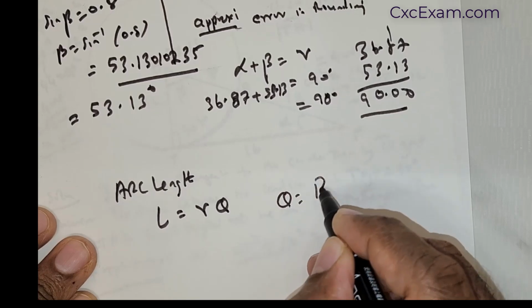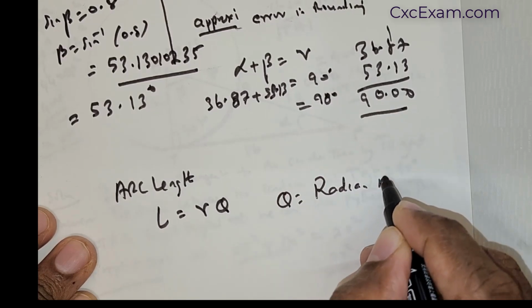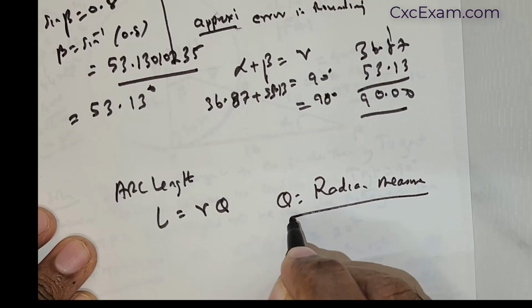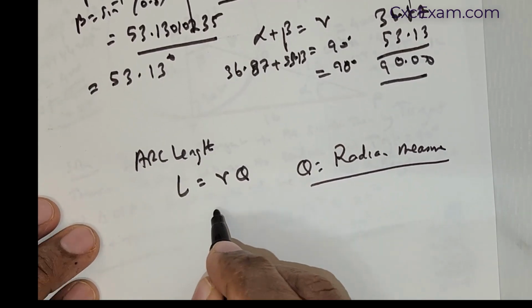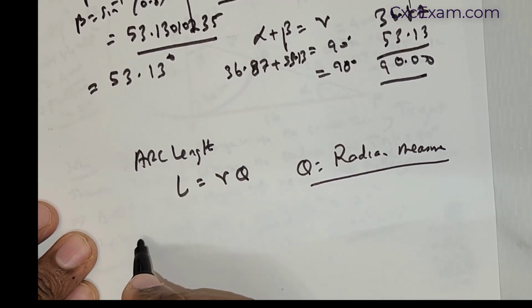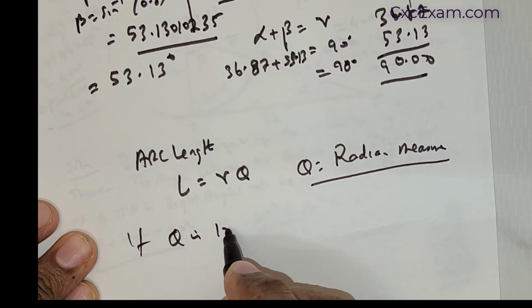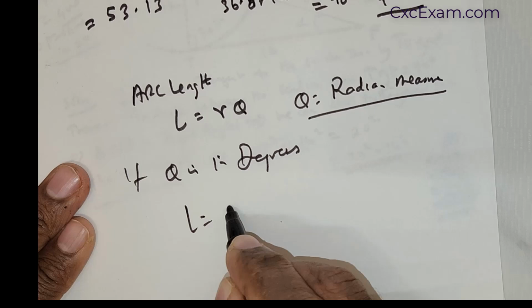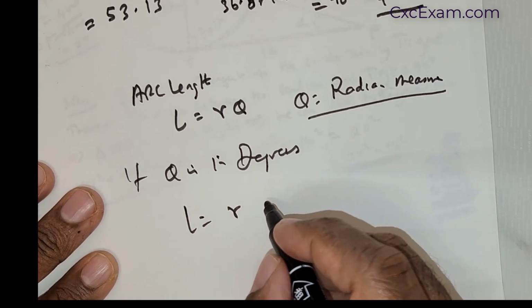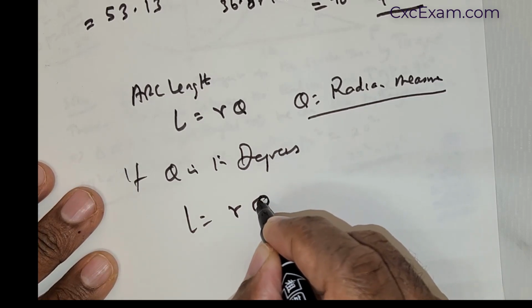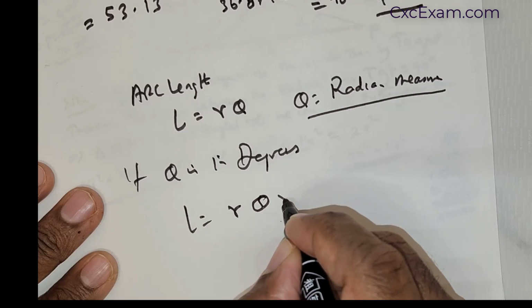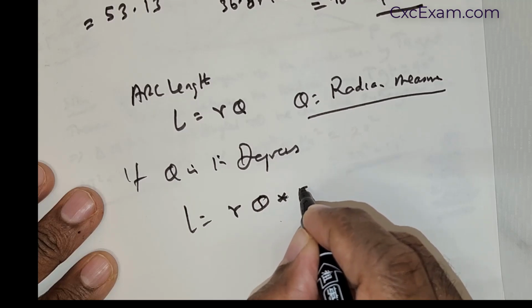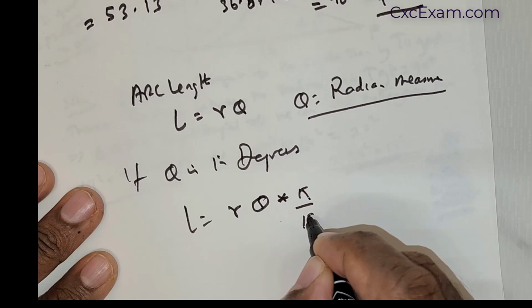Now if theta is in radian measure, you have to use this formula. But if theta is not in radian measure, if theta is in degrees, then L is equal to R times whatever value of theta that you have, multiplied by pi over 180.